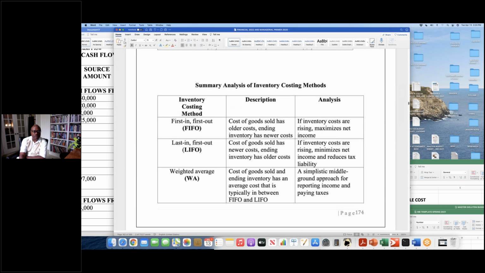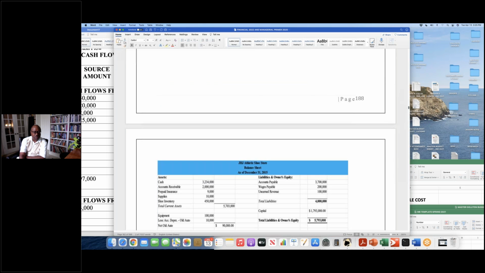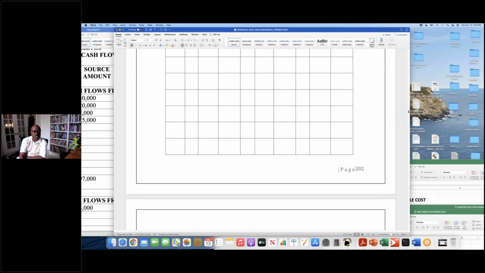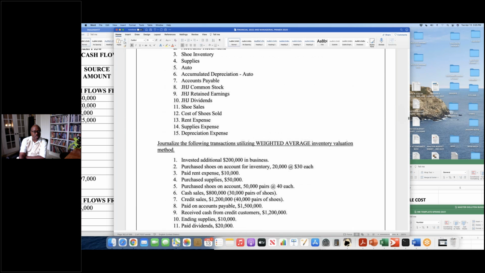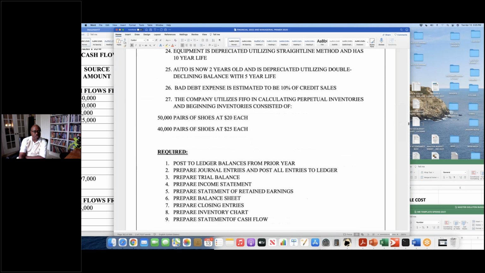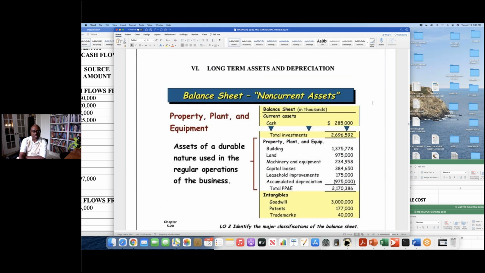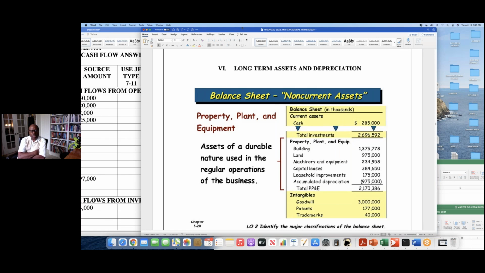So before we sell these shoes, we want to do a little bit on depreciation and non-current assets. Then we come back to inventories. In the balance sheet, at the bottom on the asset side, you have non-current assets, property, plant, and equipment.